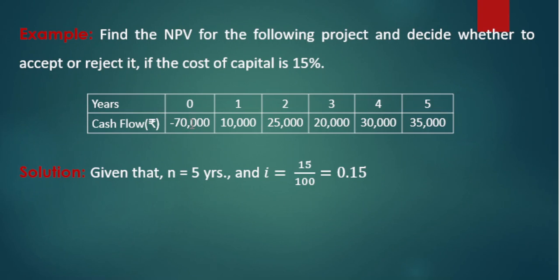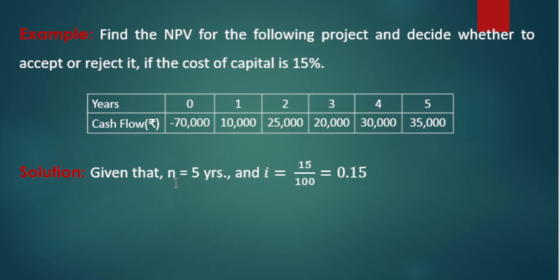In the first year we have to invest, so the cash flow of the first year is negative, and after the investment we have got some amount, and after calculating the NPV based on this amount yearly, we will plan what we have to do. We have to accept the project or reject the project.